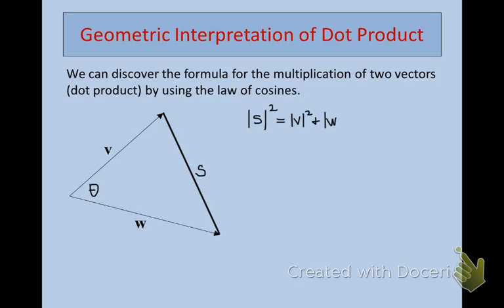Whoops, I wrote that backwards. Minus two times v times w times the cosine of theta.